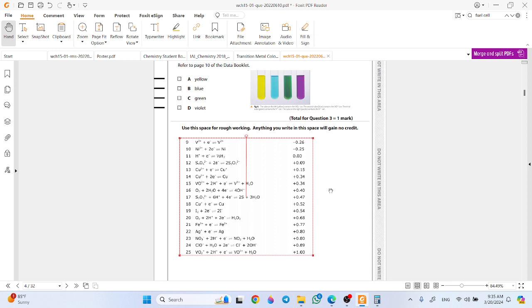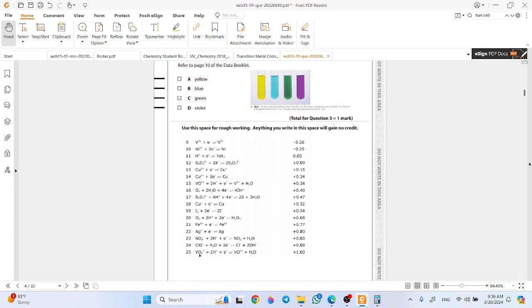Normally reduction potential would be more positive, and oxidation would be less positive. Now we'll go through the first one. First one was VO2 plus, this one, the last one, that's plus 1. Okay, plus 1 E cell value is bigger than this 0.09, so that reaction is feasible.